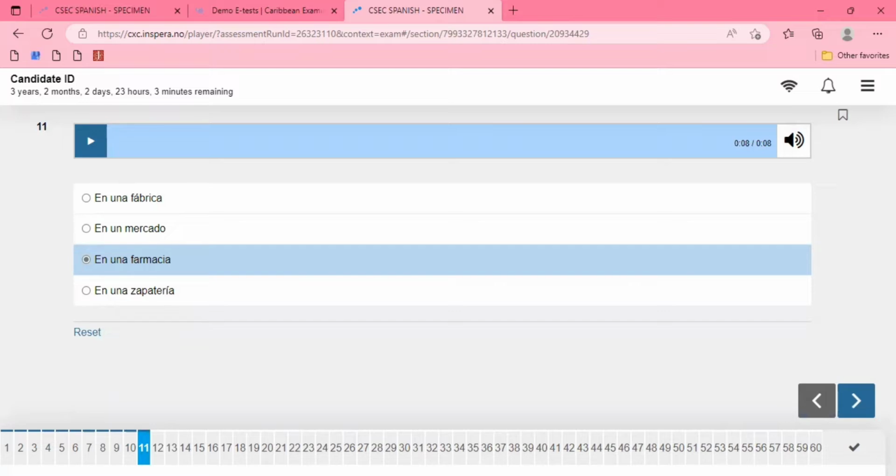It's the same principle. You want to listen for keywords, jot down keywords. So the first time, just listen, just take it in. And the second time, you want to make sure that there's some word or some words that you can use to distinguish between the different options that you have.